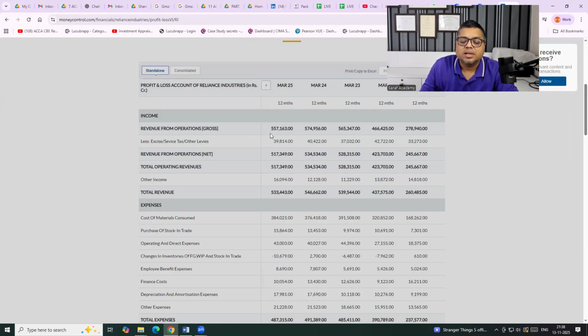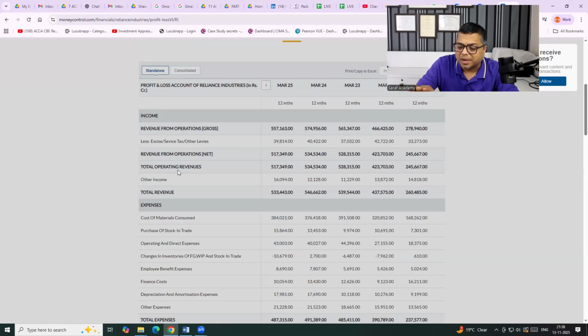Revenue. In my case, revenue means my tuition fees. For Reliance Industry, they are selling oil, they are in many businesses. Whatever their revenue, less the taxes on the revenue. So becomes net revenue. From the net revenue, the expenditures.